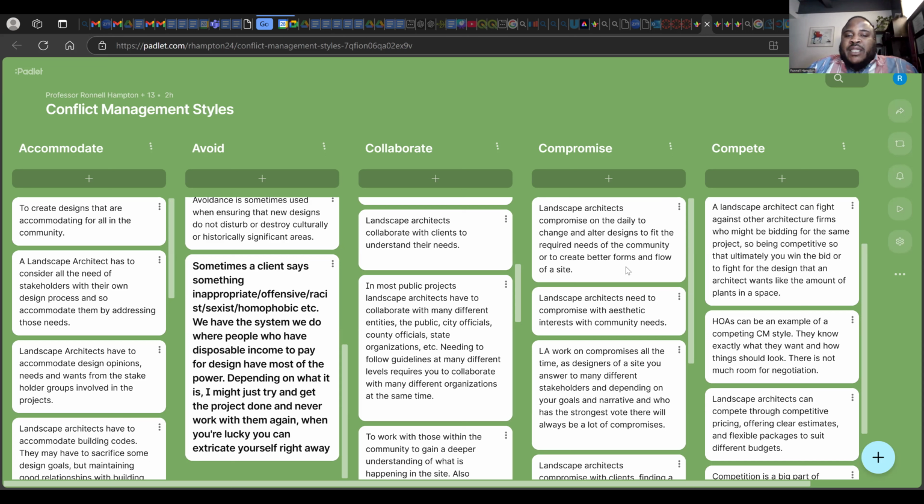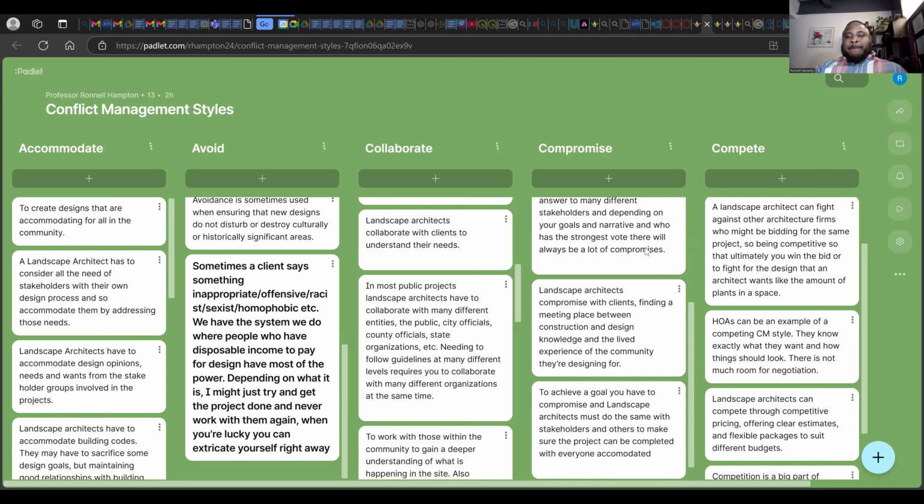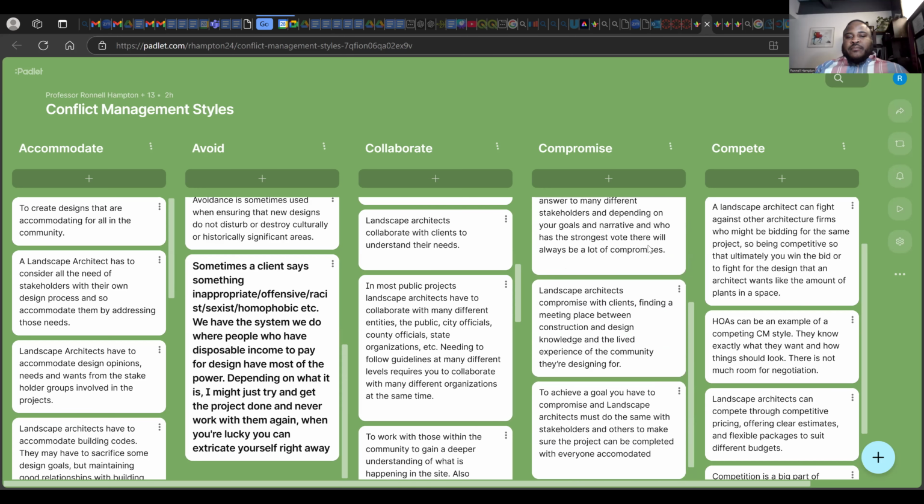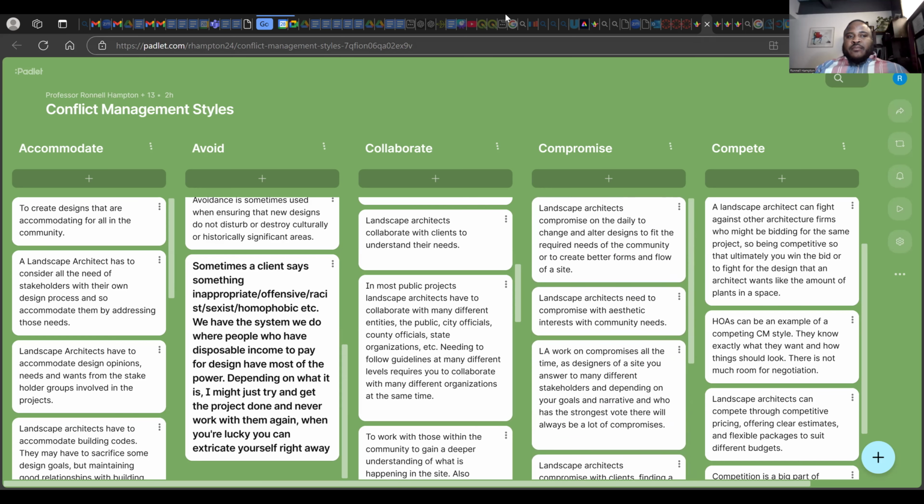Who else wants to jump in and share for the compromising foxes before we go to the competitive sharks? We'll have two more in this section, and then we'll close out with the competitive sharks for this activity. Let's see, Chase. Do you see one on here that either you entered or that sparks your interest?